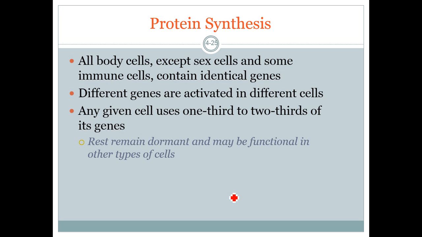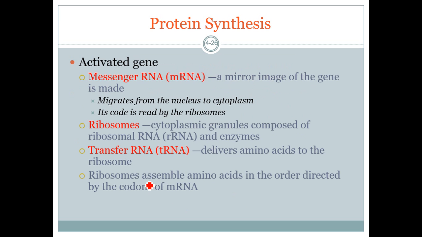And this is what migrates to the cytoplasm, where it's coded by a ribosome. So we have the activated gene, we have our messenger mRNA mirroring the gene, and it migrates from the nucleus to the cytoplasm, and its code is read by the ribosomes.